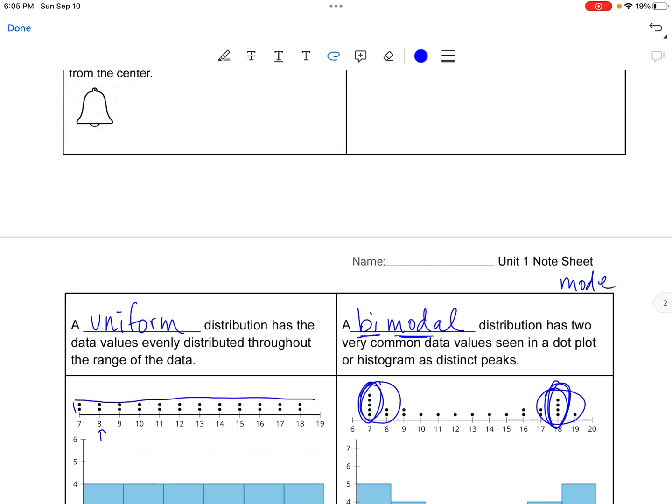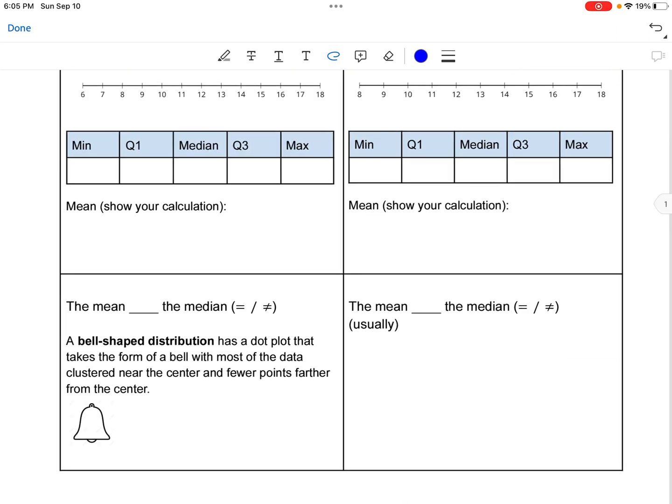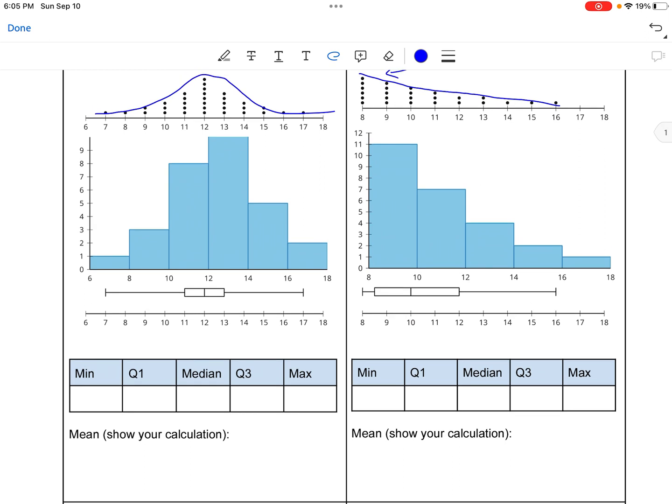All right, then you're going to go back, and for each one of these, you're going to look at the histogram and the box plot, and then fill out this information down here. So remember, this is the 5-number summary, and sometimes we calculate and fill in a 5-number summary box first, and then create the box plot from that.